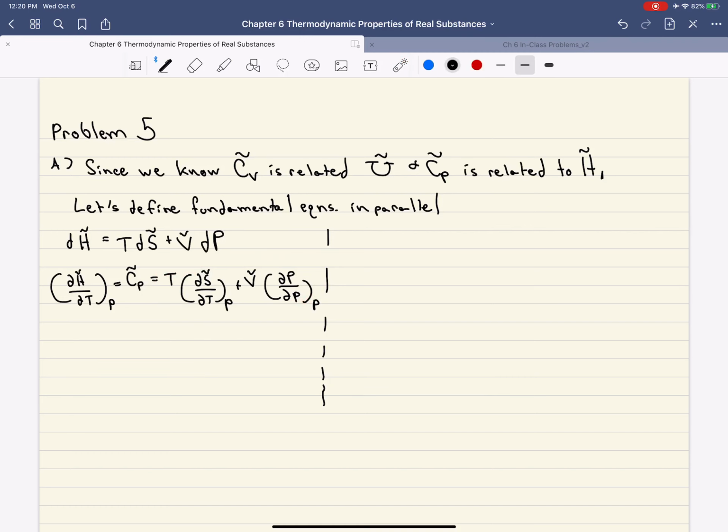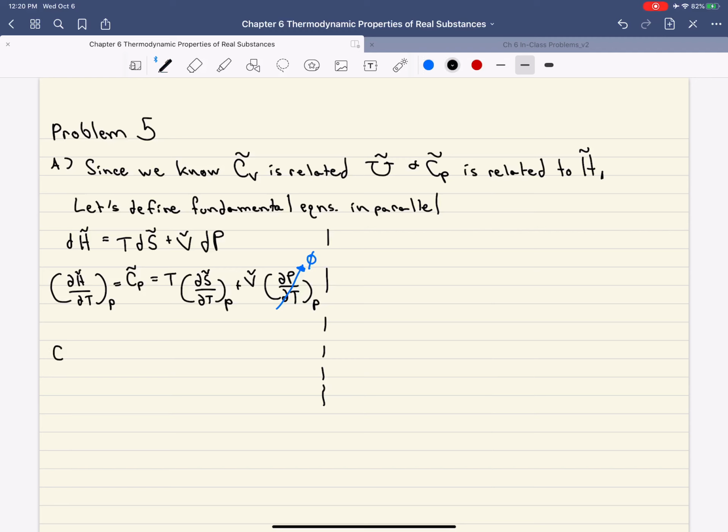In any case, we have this. And on the right-hand side here, we have a dP over dT. It should be dP over dT, not dP over dP. But we're at constant pressure, so based on the properties of partial derivatives, that should be equal to 0.